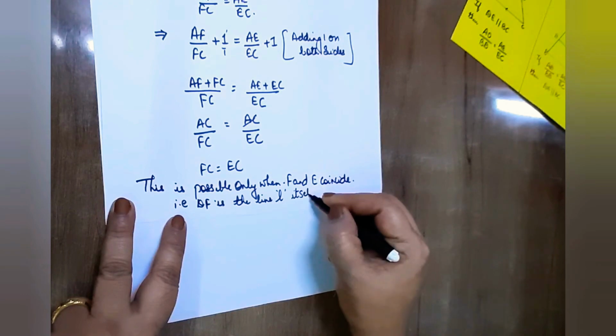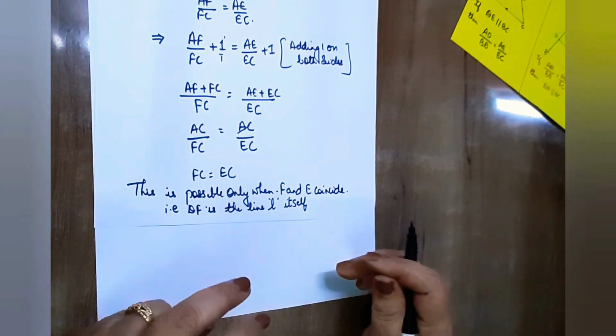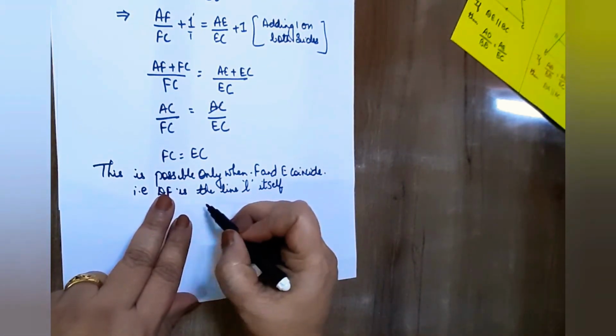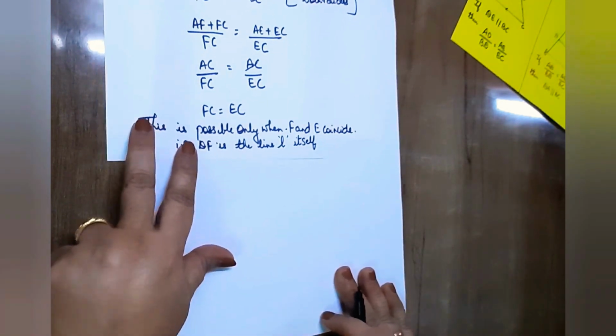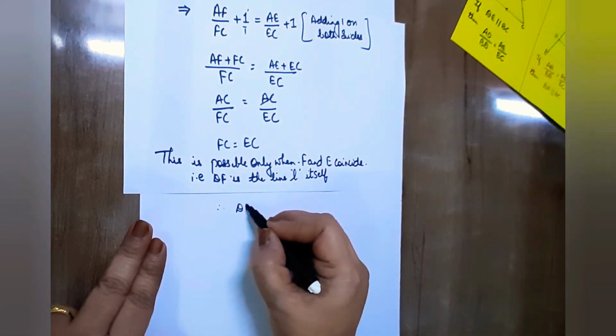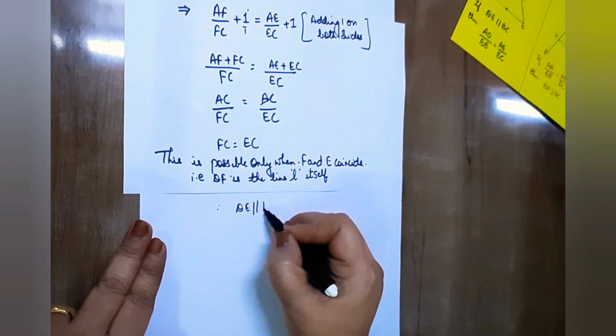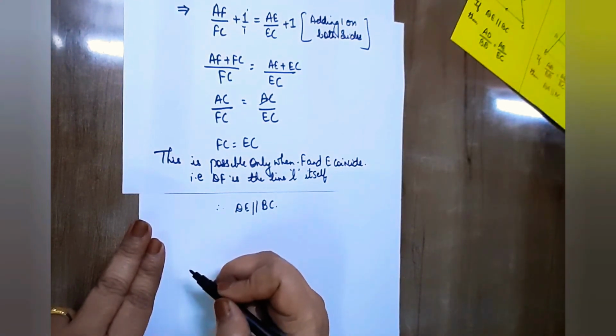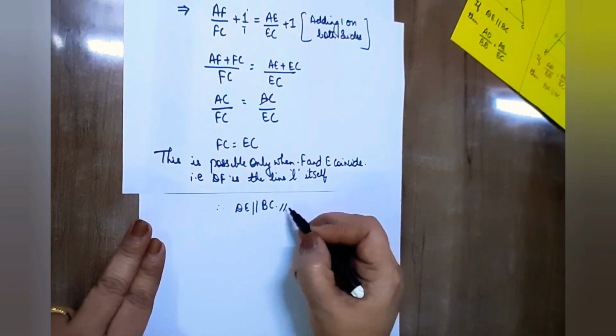We have given the line BC as L. Therefore DE is parallel to BC. Hence proved.